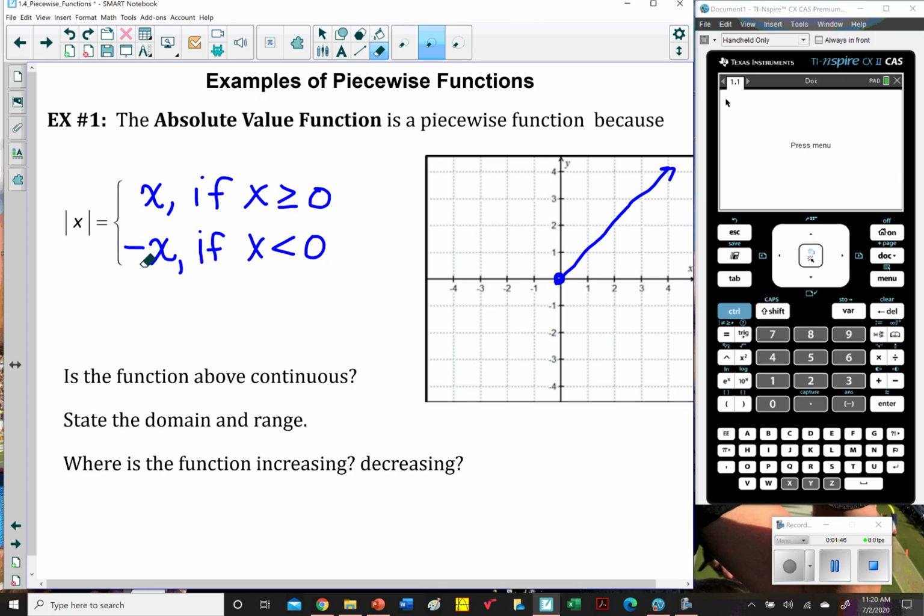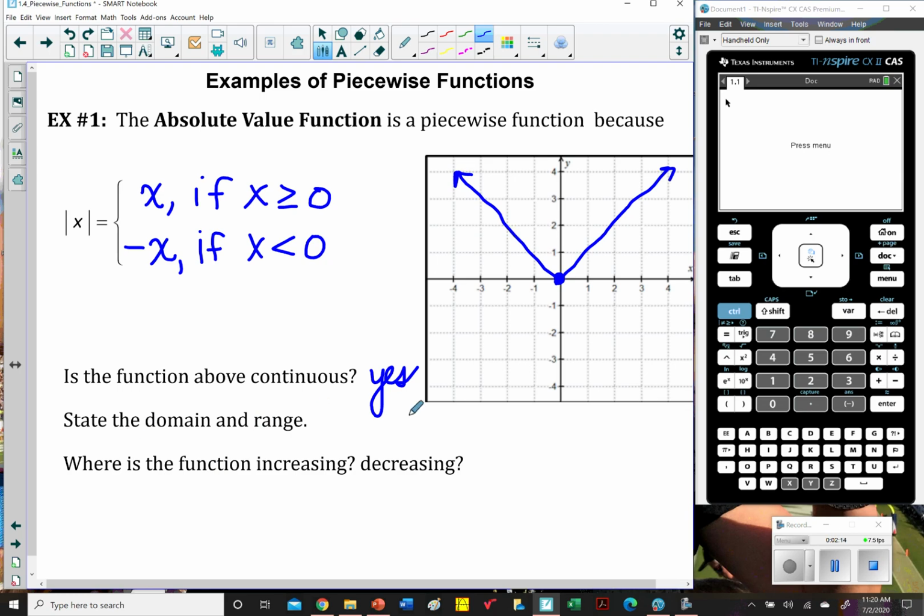The other piece, or the other branch, using the subdomain for all negative values, is y equals negative x, which is the line that goes in the opposite direction, like such. So we're open at 0 on this branch, and we're closed at 0 on this branch, which makes that function a continuous function. There's no break in the graph. So yes, the function is continuous.